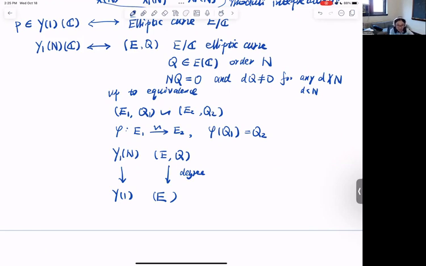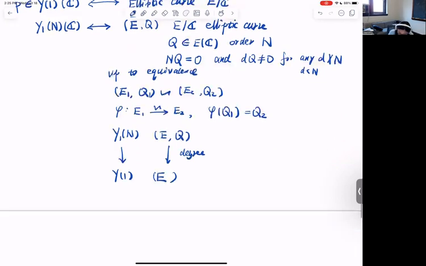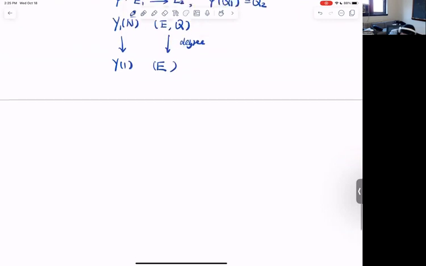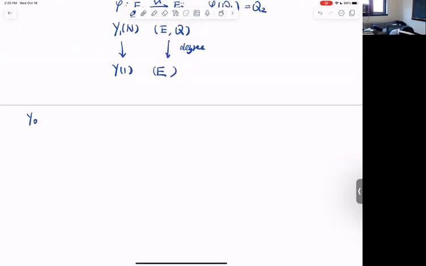Okay, next, let's talk about Y0. For Y0(N), a C point on Y0(N) also corresponds to a pair of elliptic curves. So there are two ways to say this.